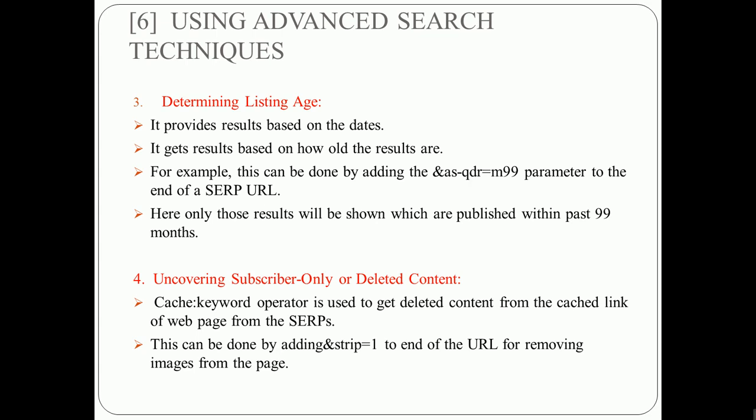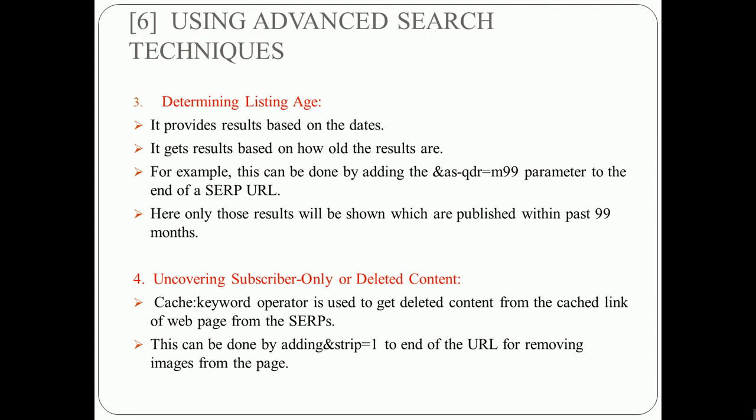So here the cache keyword operator is used to get the deleted content from the cache link of web pages from the ACRP. So you can get these things from the ACRP, the cache which is available on a page.